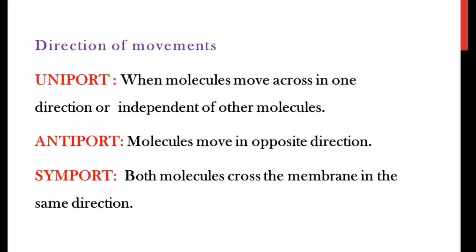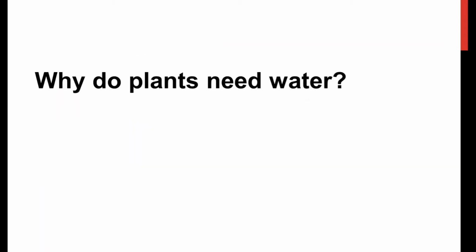Why do plants need water? Plants need water for the following purposes. Water is an excellent solvent and helps in the absorption of mineral nutrients. Water helps in the transport of mineral nutrients and other solutes to different parts of the plant.